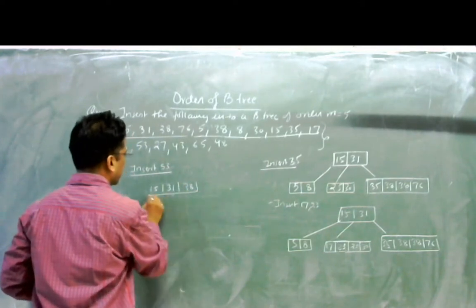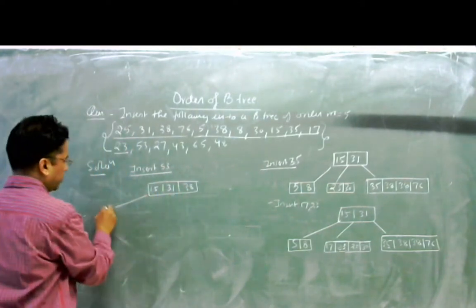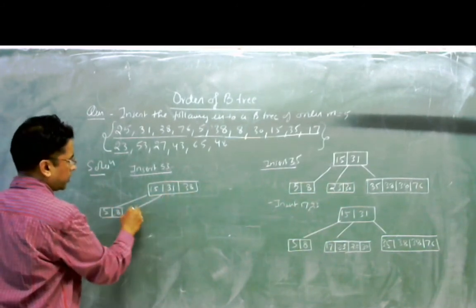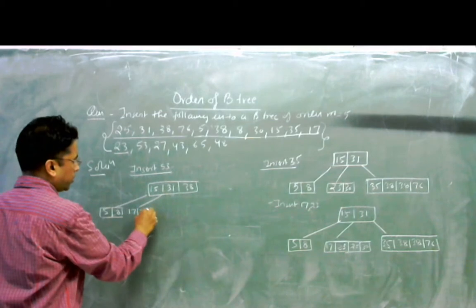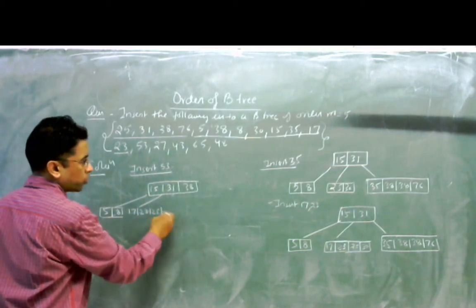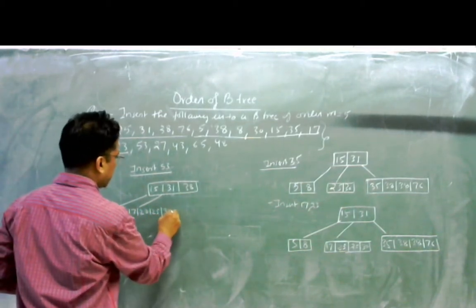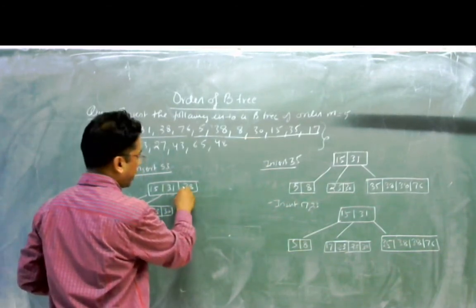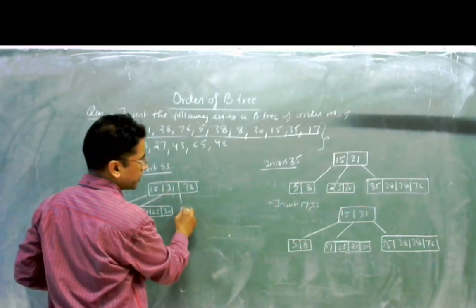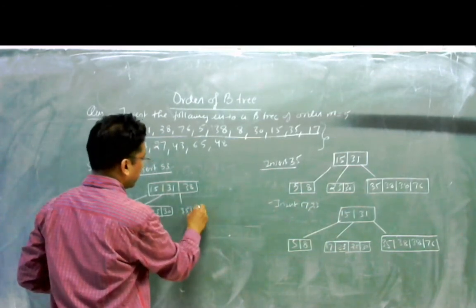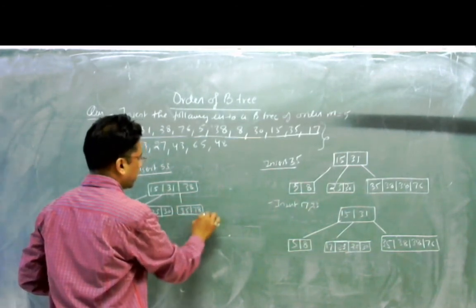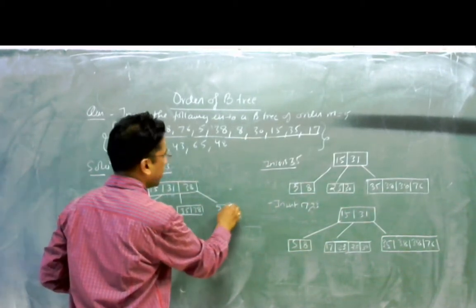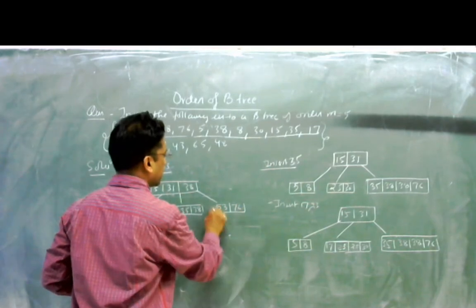38, 5, 8, then 17, 20, 25, 30, and here splitting has taken place. So 35, 38 and 53 and 76.